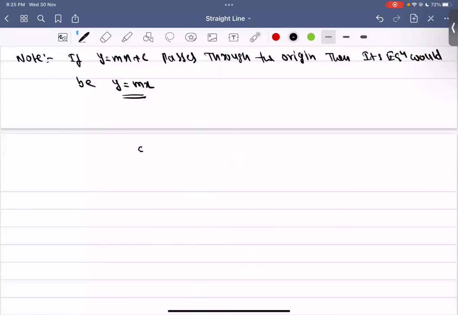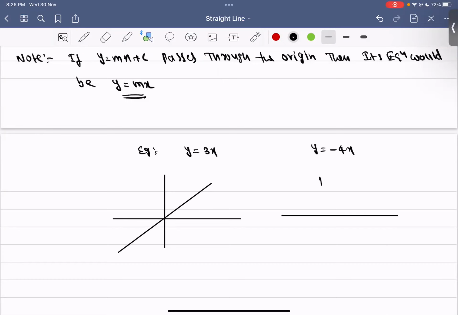A simple example we take: y is equal to, suppose, 3x. It is an acute angle, because 3 is positive, so the line will be like this. Another example: suppose y is equal to minus 4x, an obtuse angle, so the line will be like this.